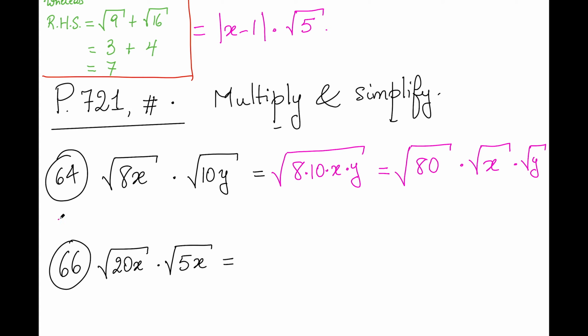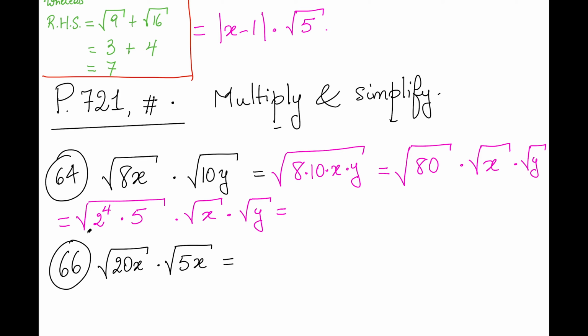How about finding the prime factorization of 80? Well, 80 is 8 times 10, and 10 is 2 times 5. So this is going to be 2 cubed times 2, which is 2 to the power 4, times 5, right? So 16 times 5 is 80, times the square root of x times the square root of y.